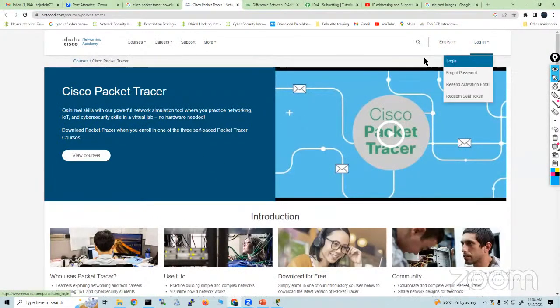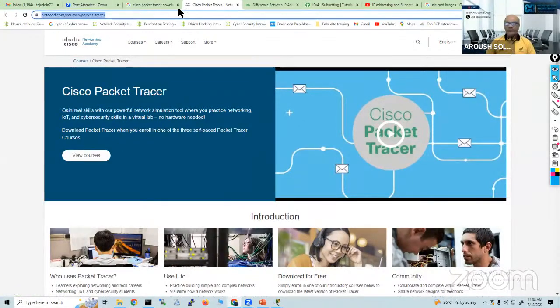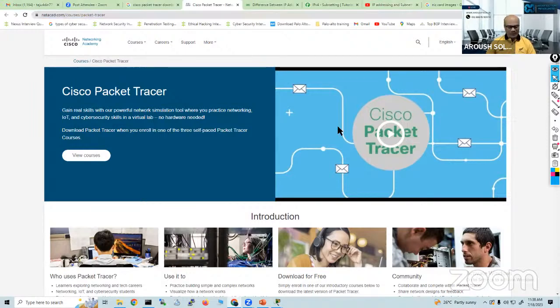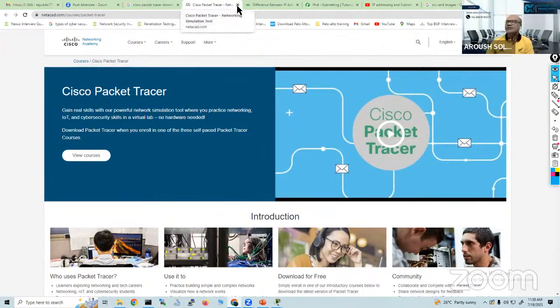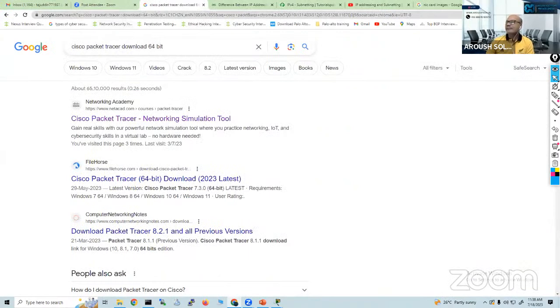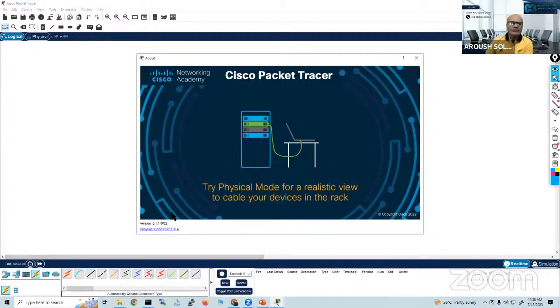We can log in from your Gmail. I will send you this in the chat box. From your Gmail, you can log in to Cisco, or if you don't have an ID, just register. I'll send you the link. You can download and install it on your laptop, Lakshman. Whichever is the latest version, just download and install.